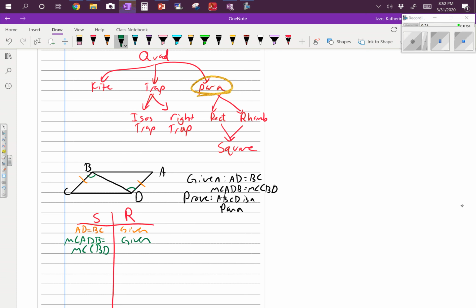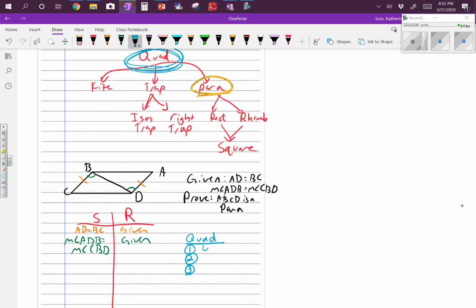I don't want to prove triangles, though. I want to prove that it's a parallelogram. So we're going to have to start up at the top of the list. The first thing that I need to prove is the fact that it's a quadrilateral. If you take a look at the quadrilateral stuff, there's 2, 3 different things.